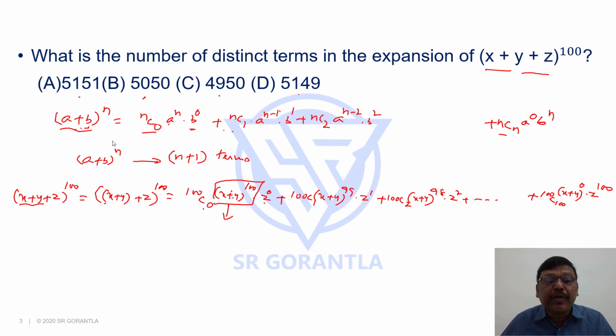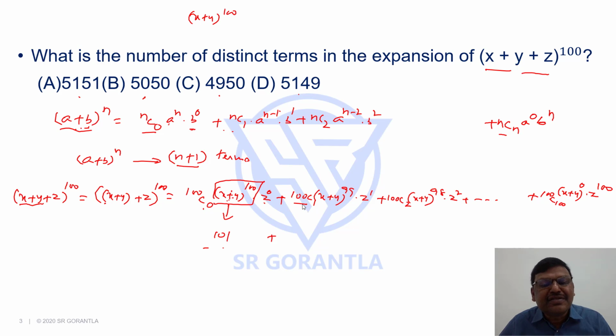When you write (a + b)^n, you have n plus 1 terms. So when you expand (x + y)^100, you will get 101 terms. We are only counting the number of terms.